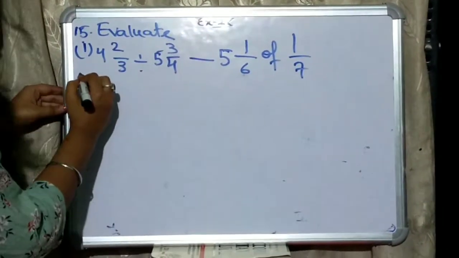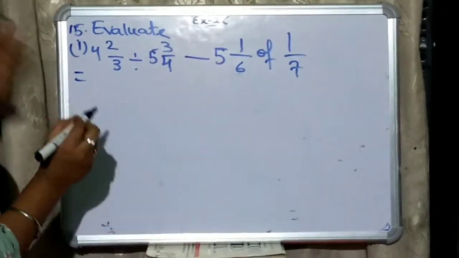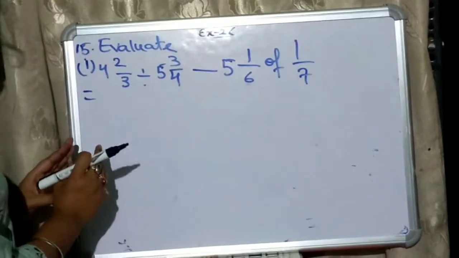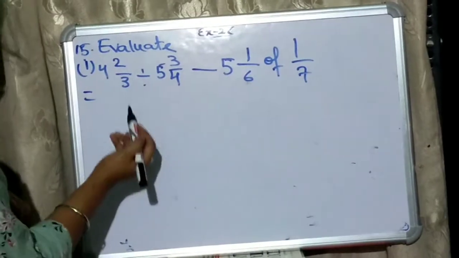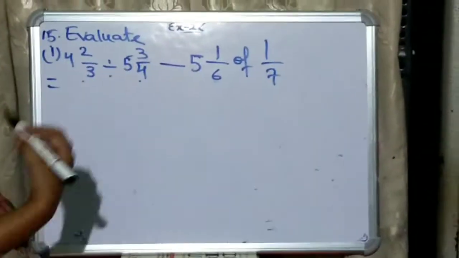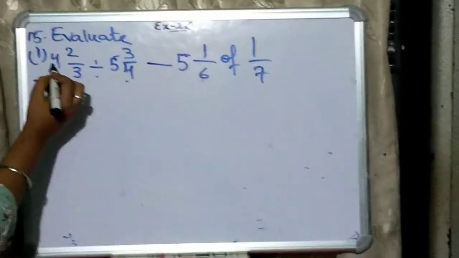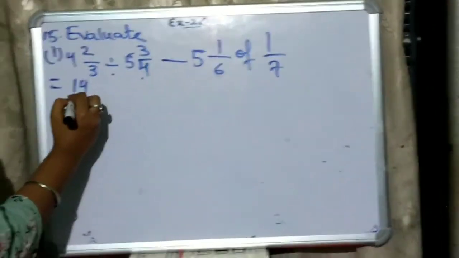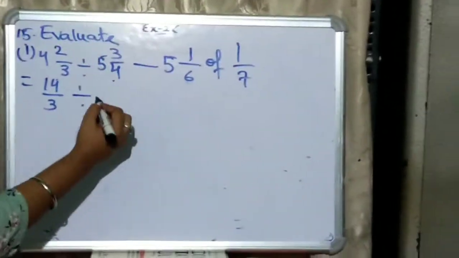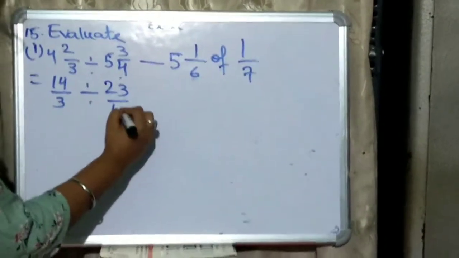Now this is very lengthy, so you should concentrate in each and every step. Now convert the mixed fractions into improper fractions. 4 times 3 is 12, 12 plus 2 is 14 by 3. Divided by 5 times 4 is 20, 20 plus 3 is 23 by 4.